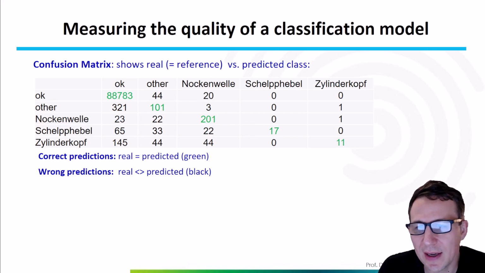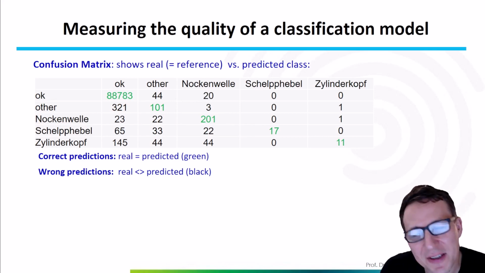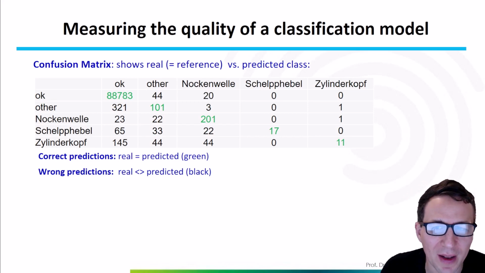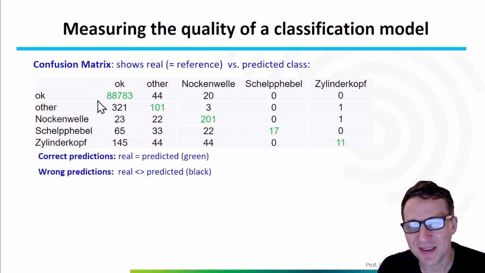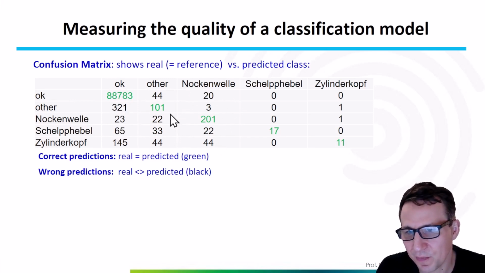And the key idea is, in the total sense of accuracy, it seems to perform very well. So you see that almost all motors are okay and also are predicted as okay. So that's 88,000, and all these other numbers are rather small. Maybe they end up to 2,000 or so.